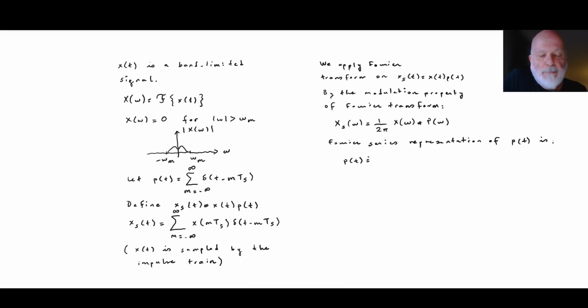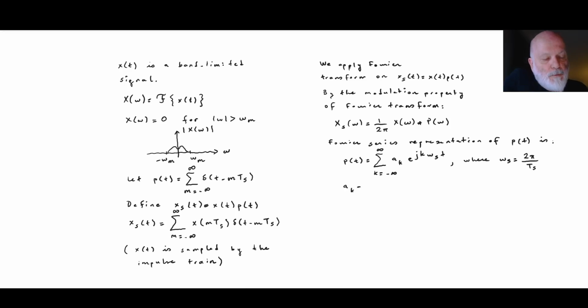Now p of t is periodic with fundamental period Ts, and we know that p of t will be in the following form: the sum over k from minus infinity to plus infinity of ak e to j k omega s t, where omega s is equal to 2 pi over Ts.